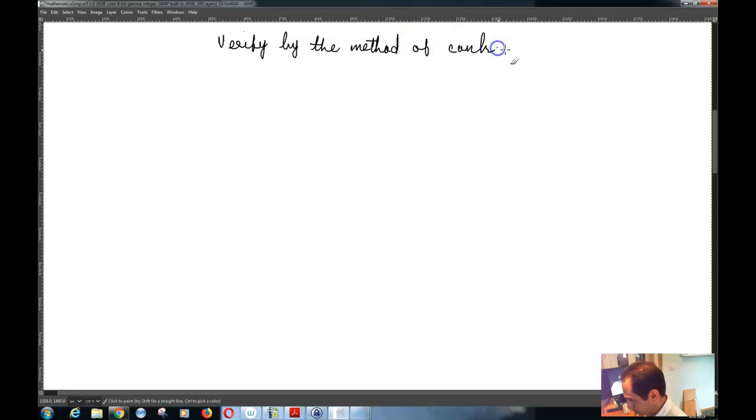Basically what you want to verify is a statement P, which is: the square root of 7 is irrational.